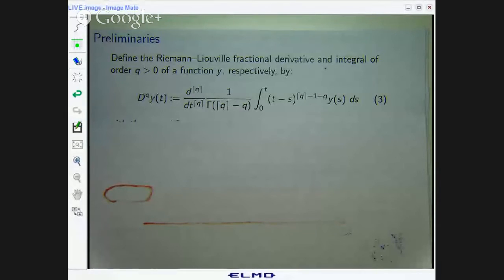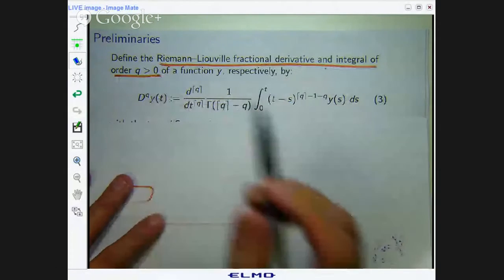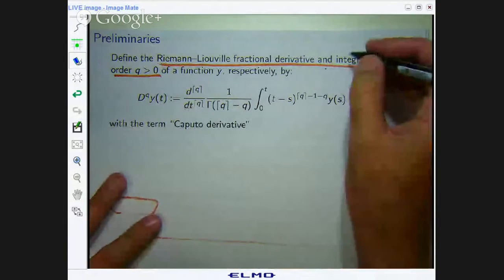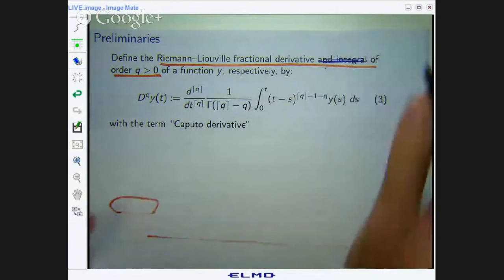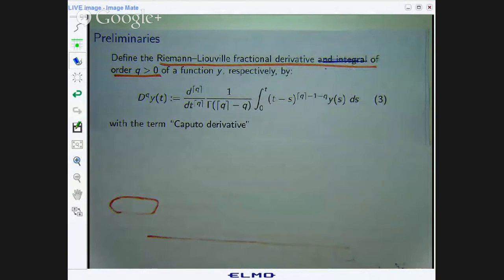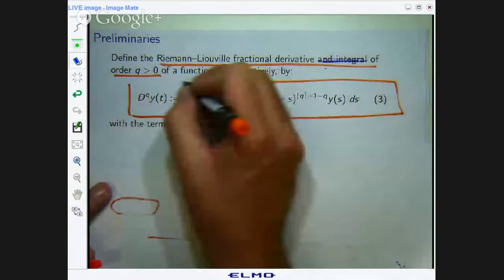Okay, so what is this magical fractional derivative? Well, I'm glad you asked. Let's have a look. The Riemann-Liouville fractional derivative, let's just talk about the derivative, is this expression here.